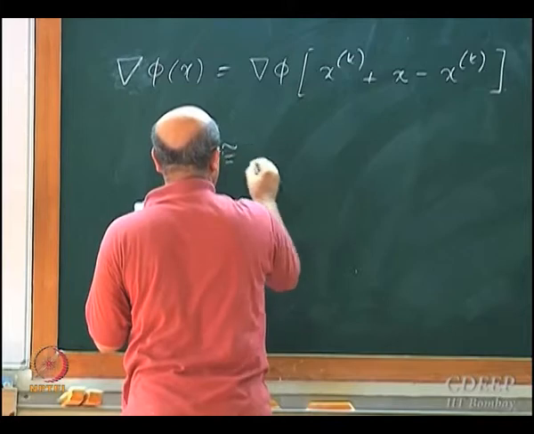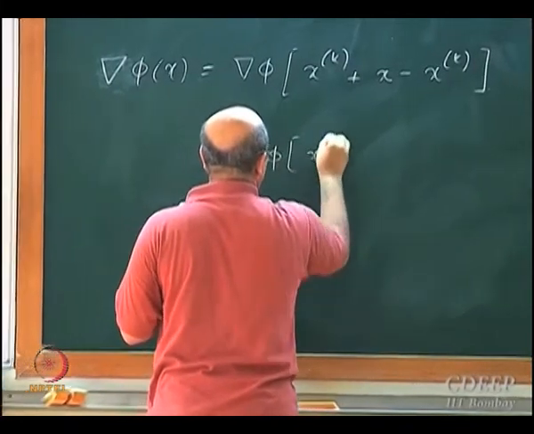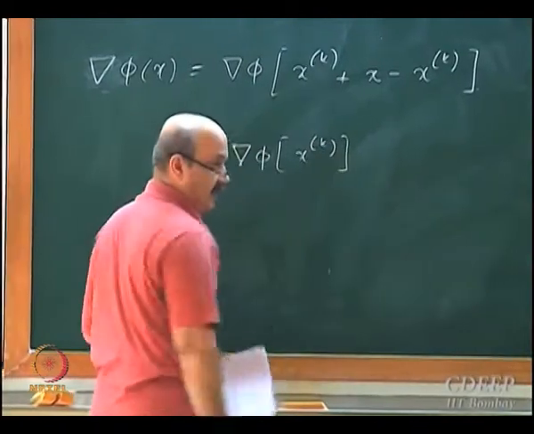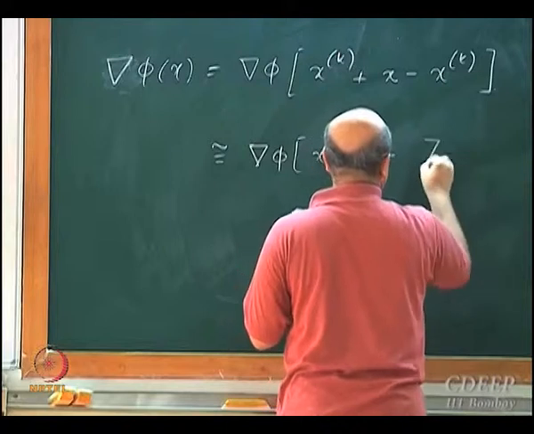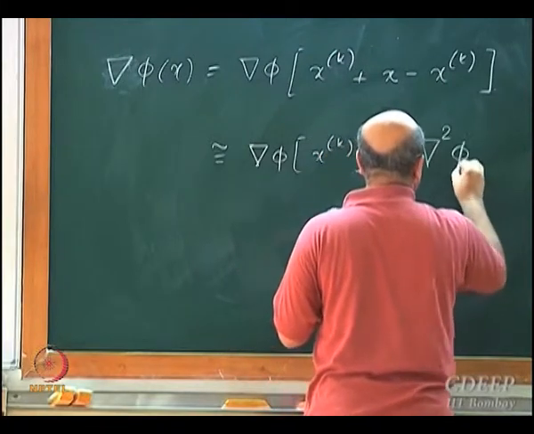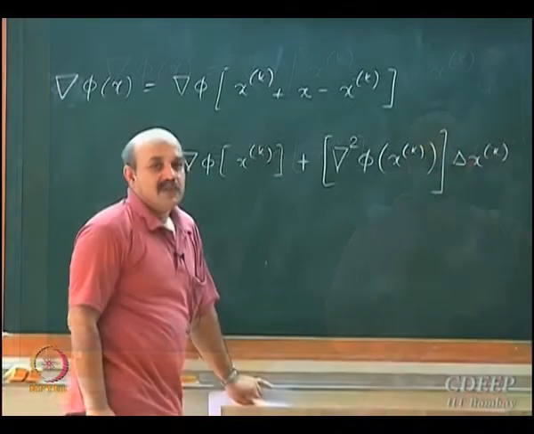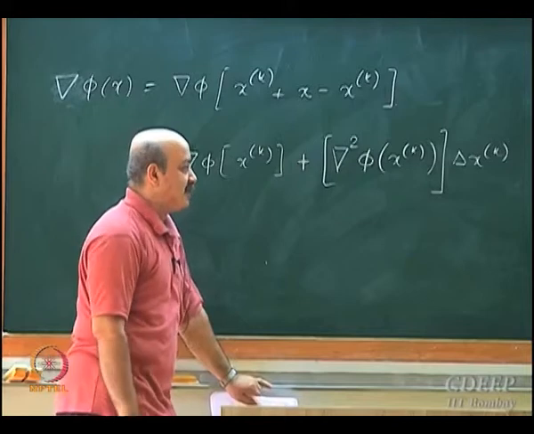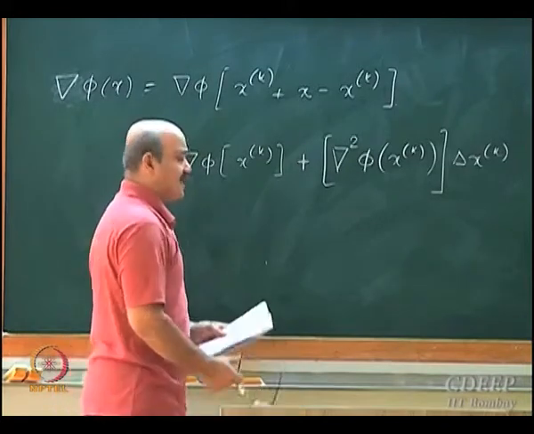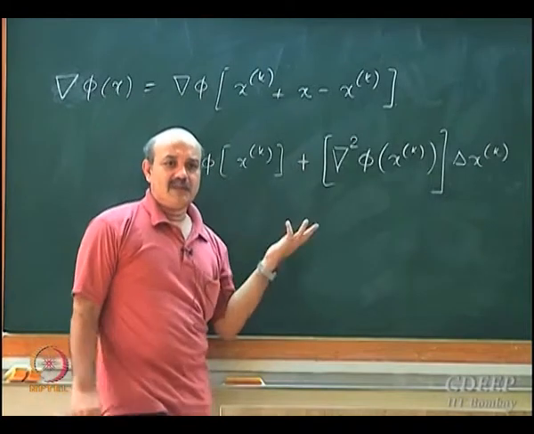This is approximately equal to grad phi xk plus del square phi. In fact, you will realize why this is called Newton's method, because this is exactly what you do in Newton's method for solving algebraic equations.